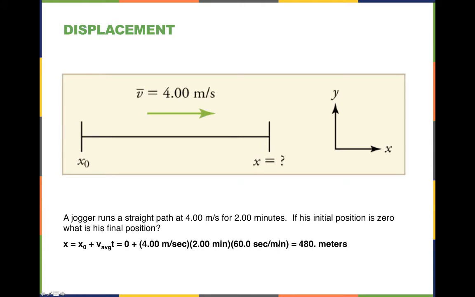Okay, so if you start at 0, you're talking about a positive velocity, so that's moving from left to right. So your position is going to start here and end up to the right of that. So this not only tells you the magnitude of this elapsed distance, but also the direction in which the person ran.